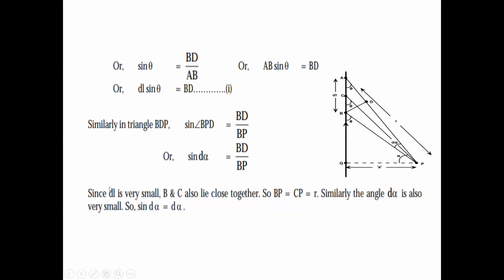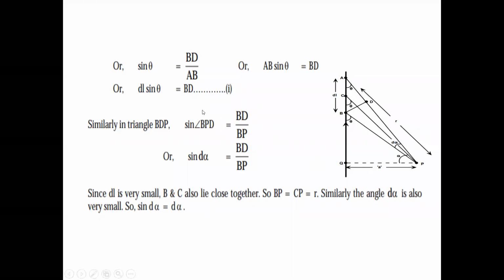Once again I repeat, since dl is very small, B and C lie too close to each other, so automatically the BP value and CP value are equal, and this equivalent value is equal to small r.